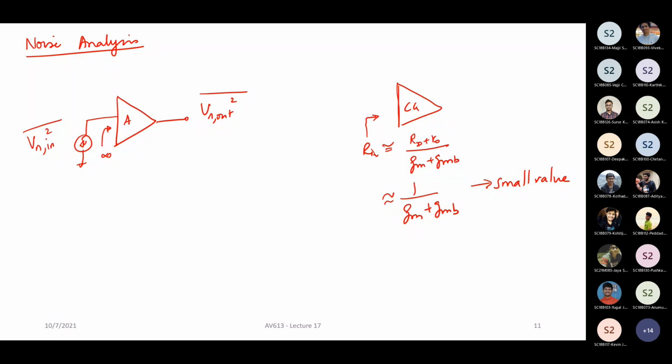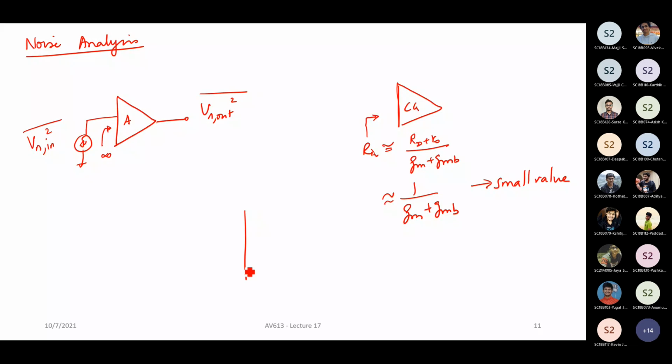So this idea of denoting the noise by an input referred noise voltage source no longer is valid, because there is a smaller impedance, so it is going to take current inside. So it also is going to depend on the impedance which is driving it.